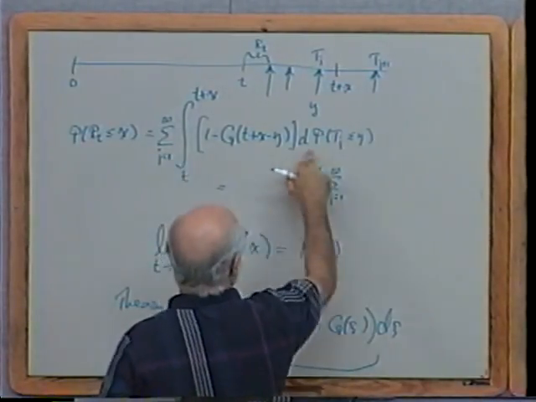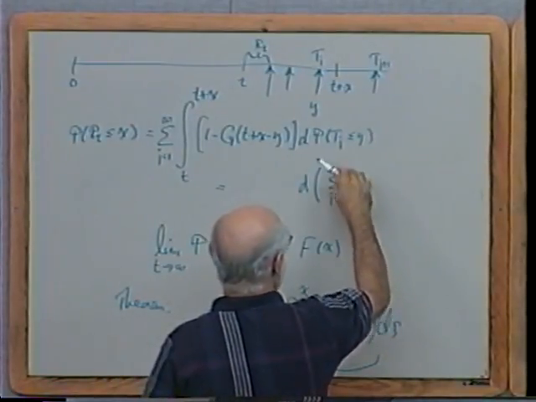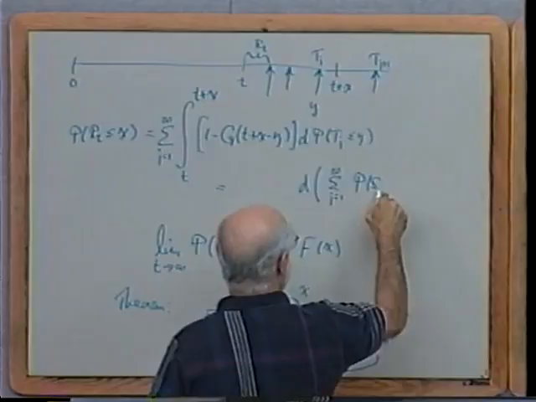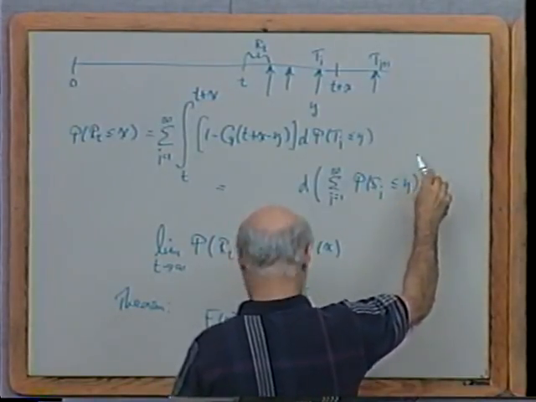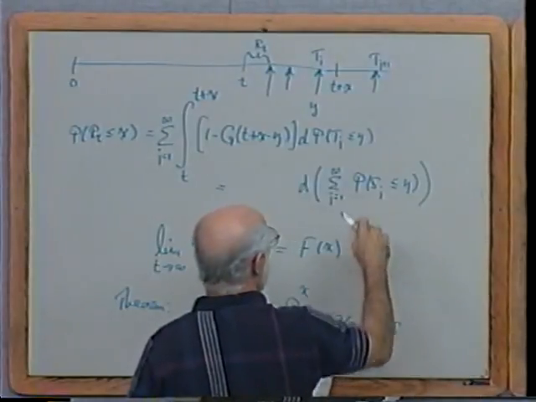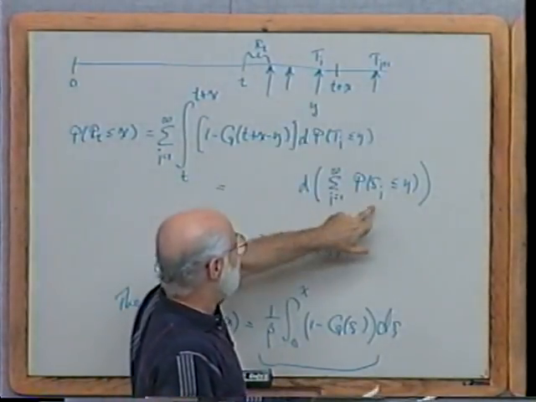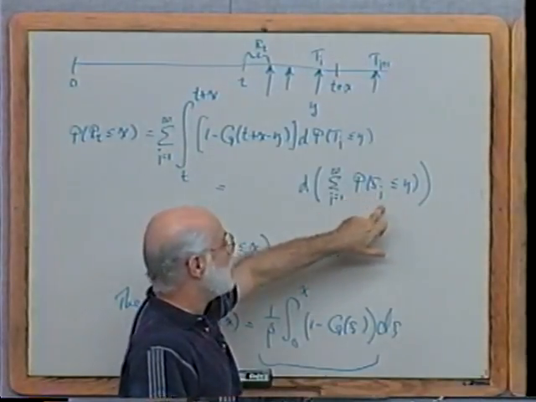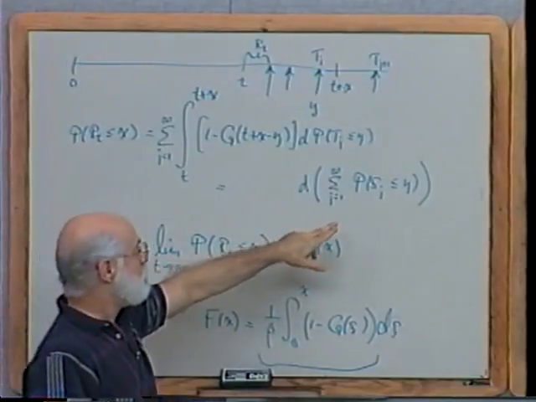Okay, so I bring the summation sign in here, and then I recognize that T sub j is the same as S sub j. We talked about this earlier when we first started talking about renewal processes. But here I want to emphasize that T sub j, which is the time of the jth arrival, is the sum of the first j inter-renewal times, or inter-arrival times.